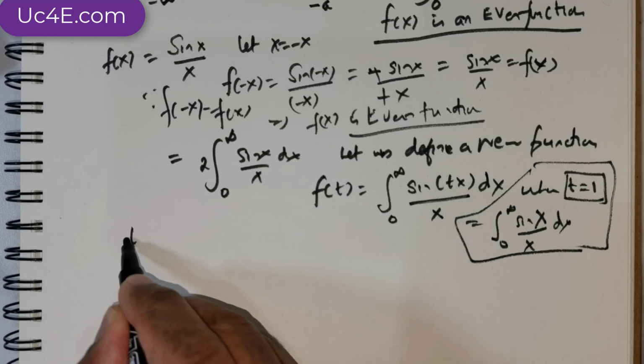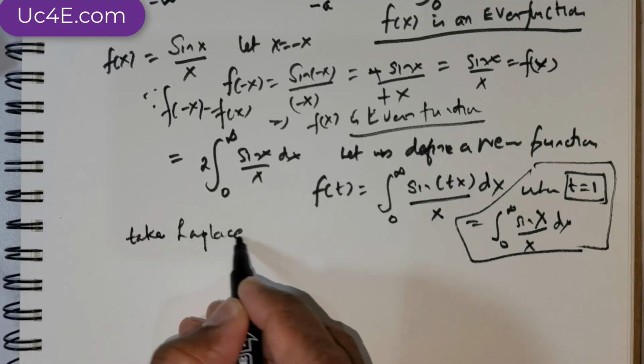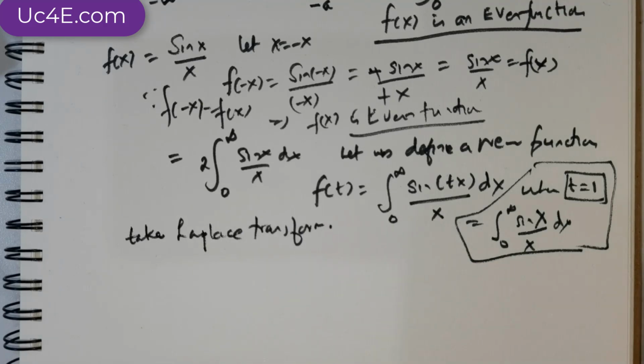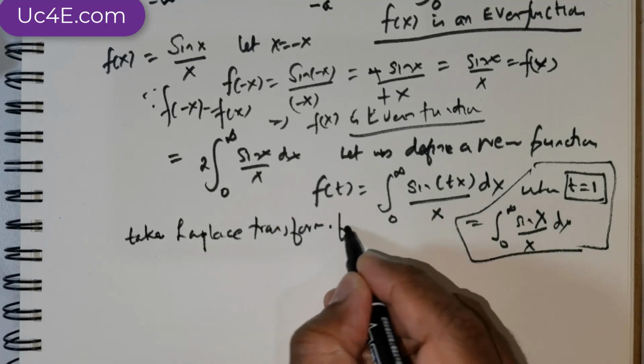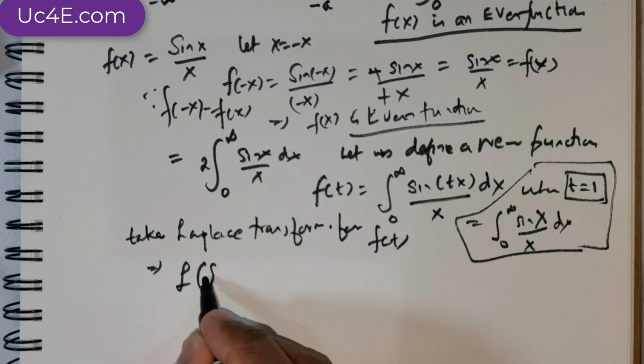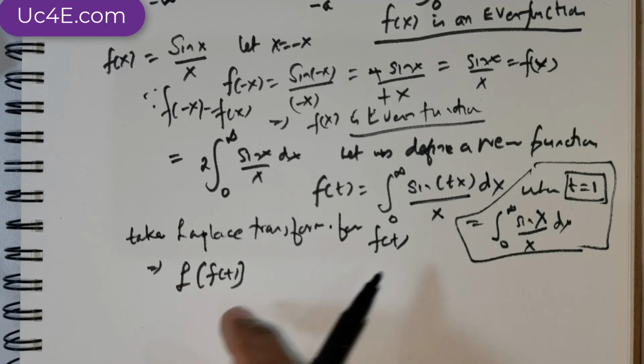Now what I wish to do is take Laplace transforms. When I take the Laplace transform of the function, this would mean I get L of f of t. Now, what is the Laplace transform of a function?